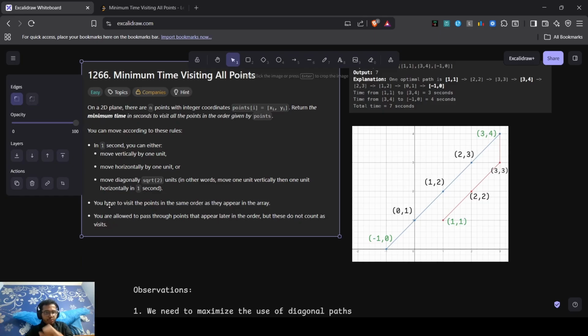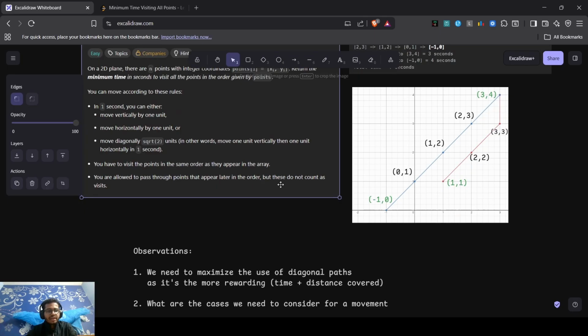So look at this. Are you getting an idea that the diagonal move is so important? As we are asked for the minimum time in seconds, we need to maximize the use of the diagonal move so that we can get a global minimum time. Let's see, we will see the entire observation.